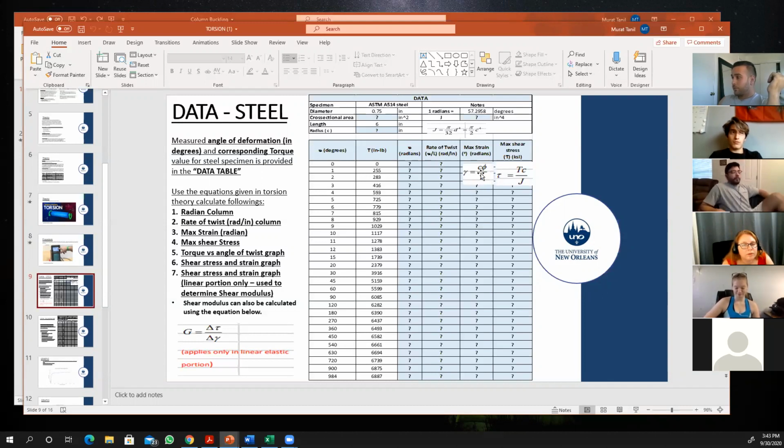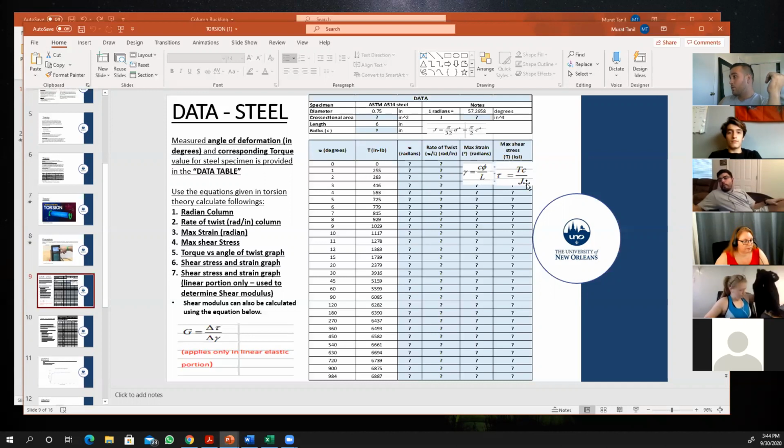This is the equation. C is the distance from the center of the tested material to the outer diameter. In other words, we are using the radius. You can replace C with the radius. Diameter is 0.75 and radius is 3.75, divided by the gauge length, will give you the maximum strain.